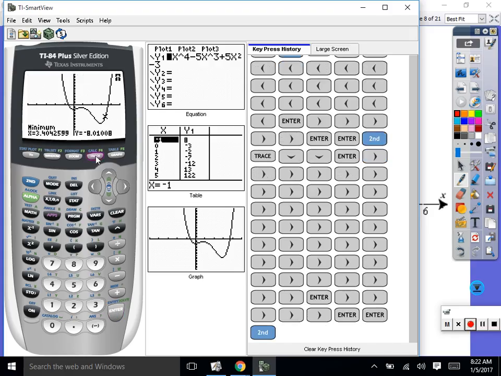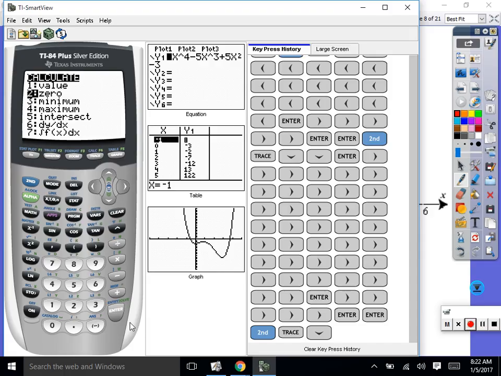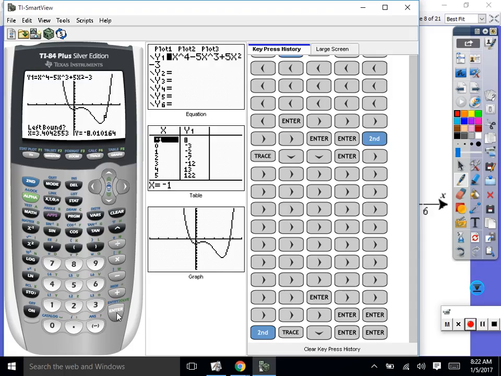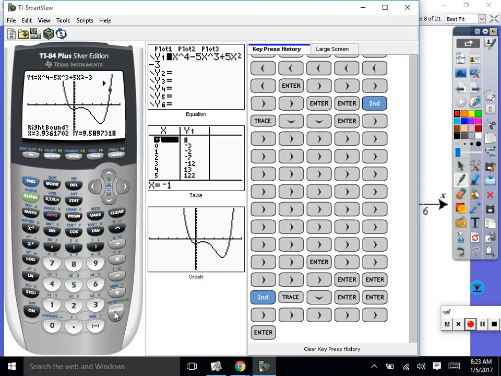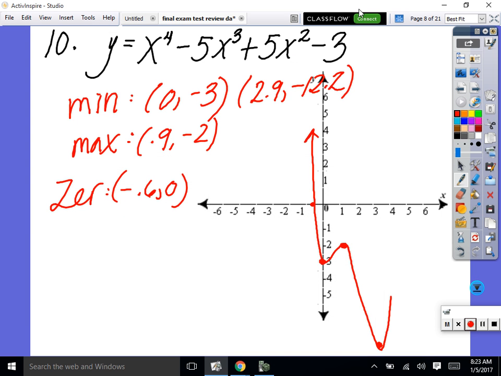Second trace, 0. Left bound, enter. Right bound, enter, enter. So our other 0 is at 3.70. So, boom. Now I've graphed it. Everybody good? Okay, sweet. Continue.